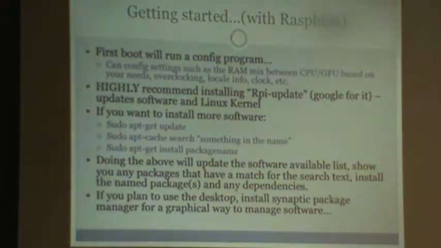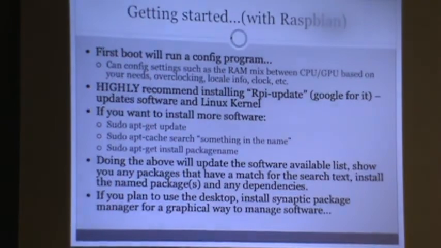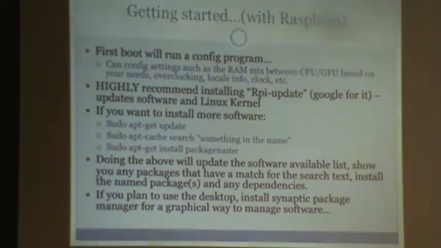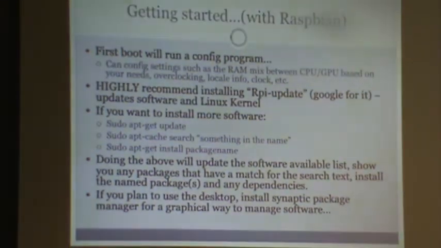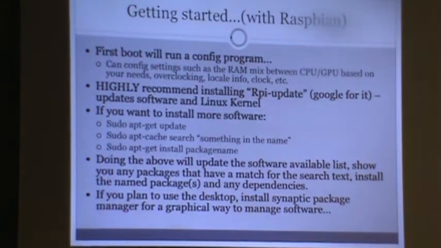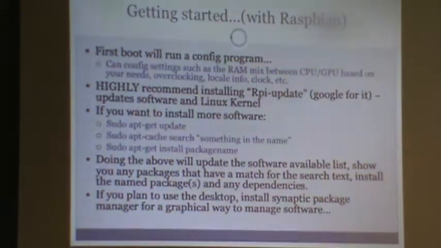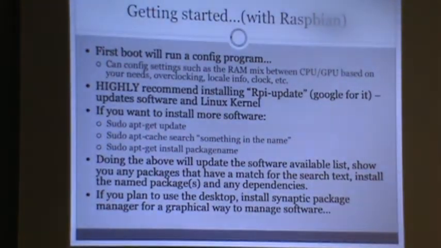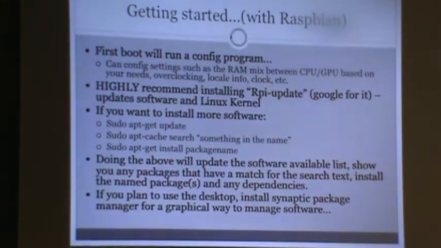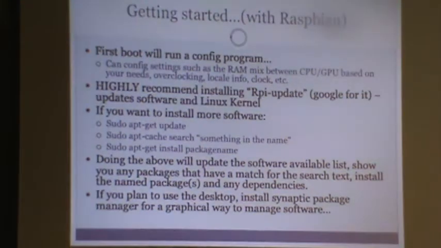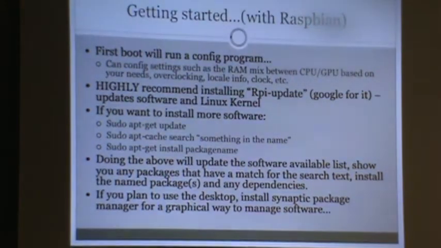Yeah? I think before we can do that, we have to get network connections. Well, yeah, I'm assuming that you have Ethernet plugged in. Yeah, and one thing I will say, if you're using Ethernet and you're requiring static IP, you've got to go and modify a file by hand, which is a pain.